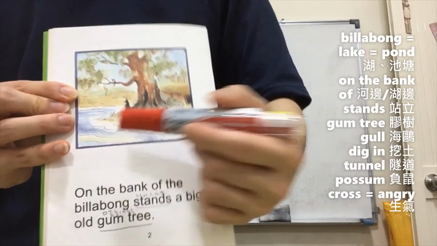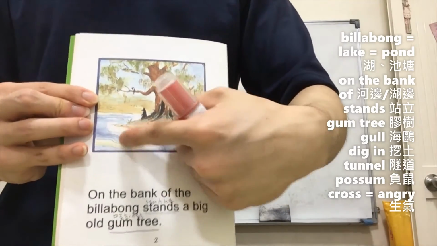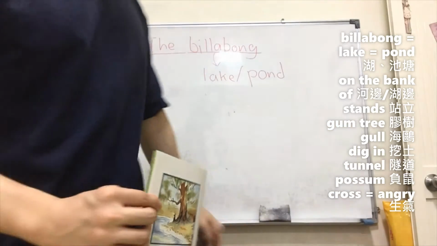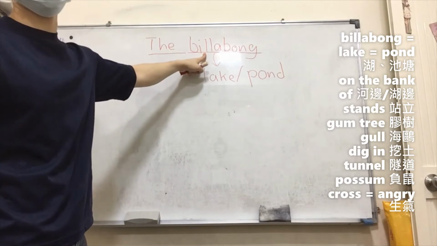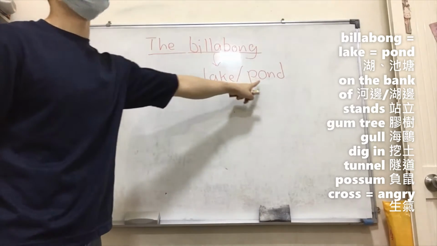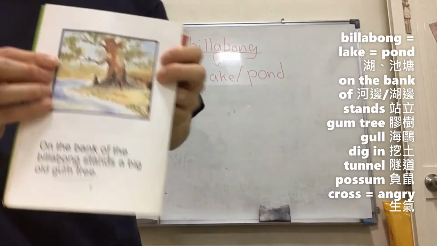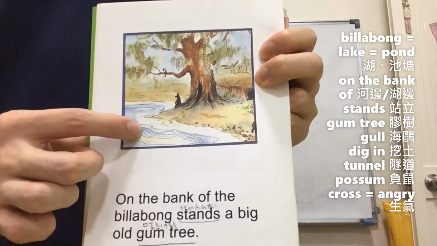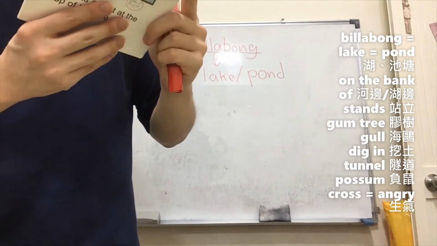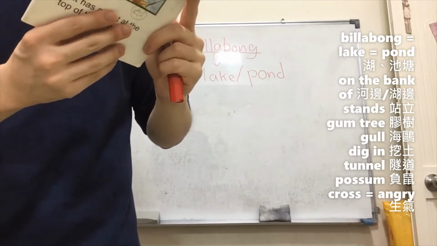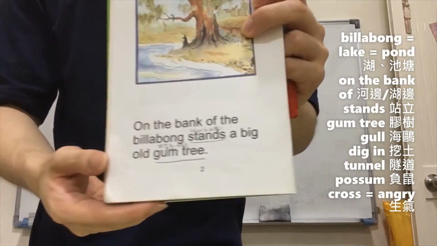So we refer to this as a Billabong. You can also know it as a lake or a pond. So this one, a lake or a pond or a Billabong. On the bank of the Billabong stands a big old gum tree.